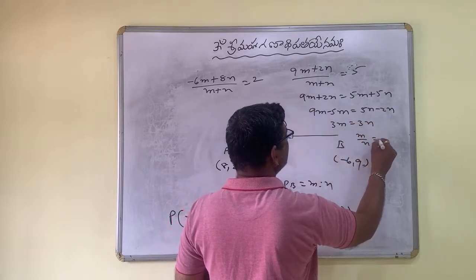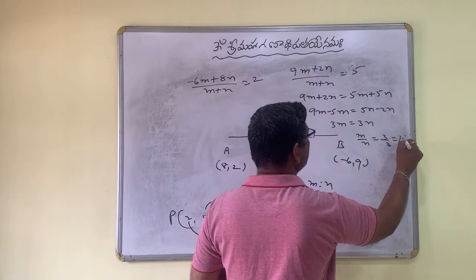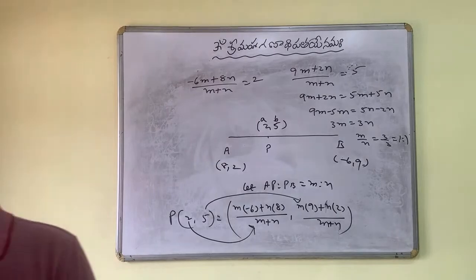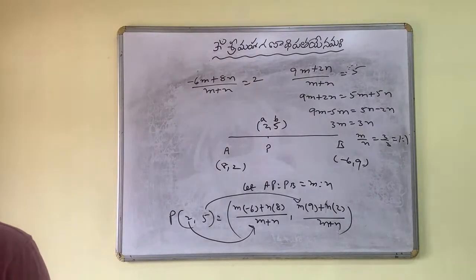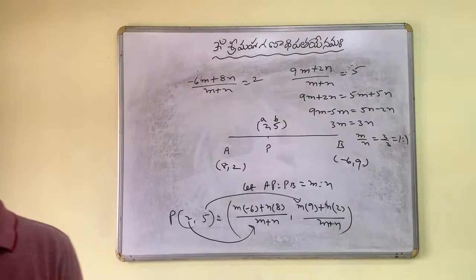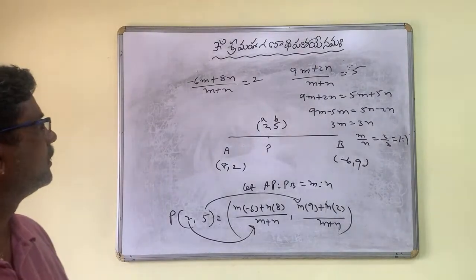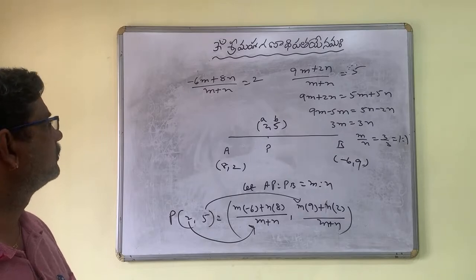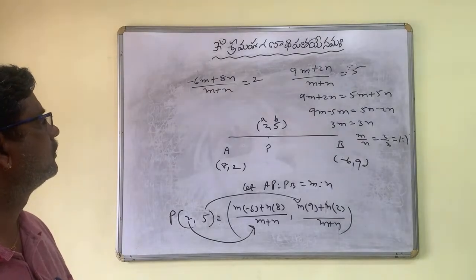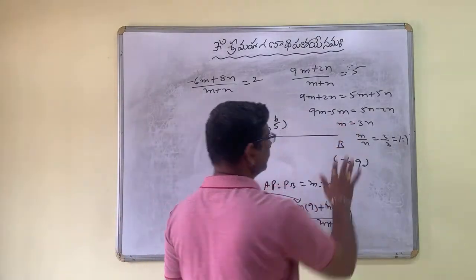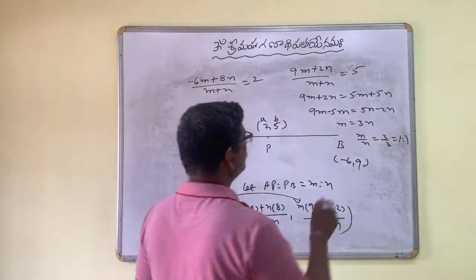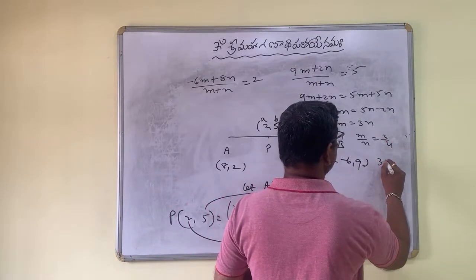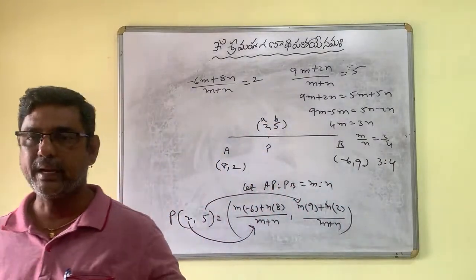Sorry, 4m, correct. So m by n is equal to 3 by 4. So the ratio is 3 is to 4. Good.